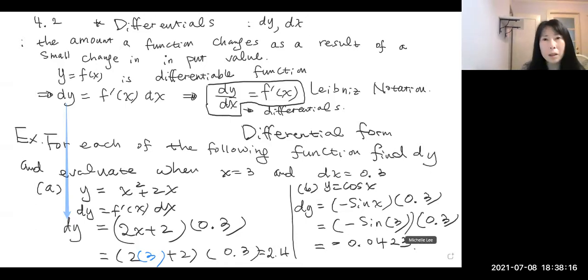All right, let me erase this one. Okay, so we have delta y. They indicate a small amount.